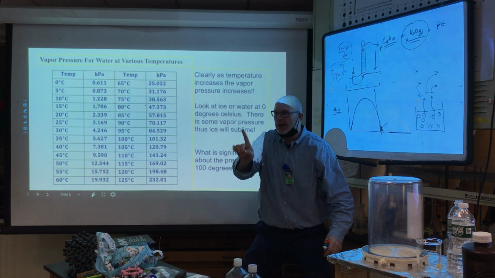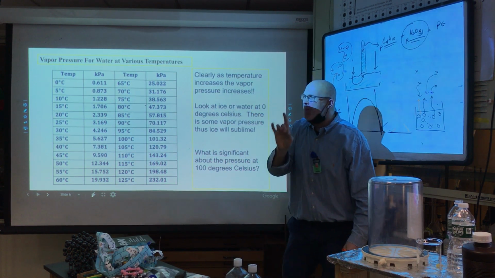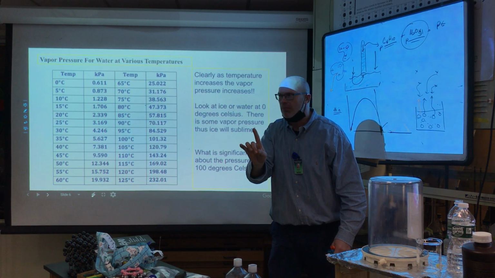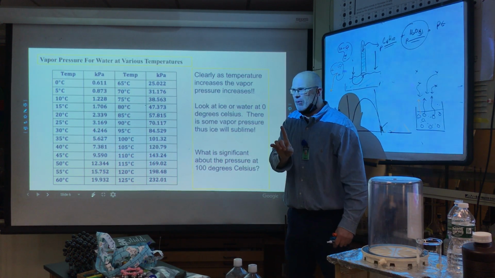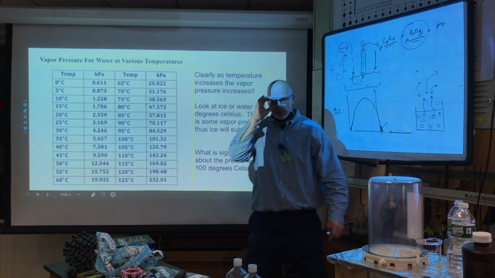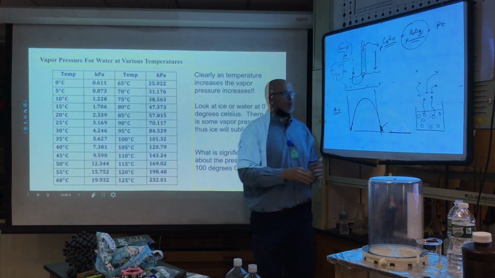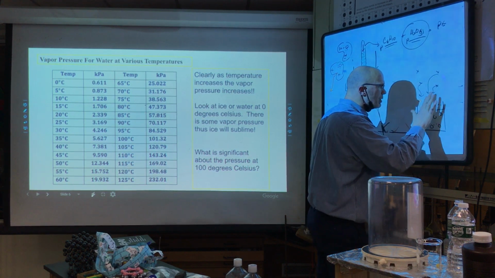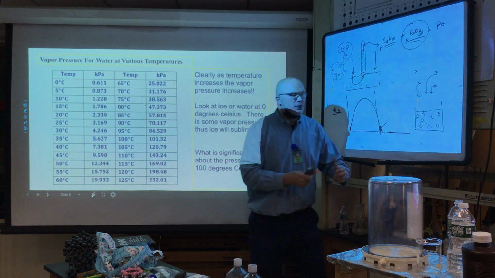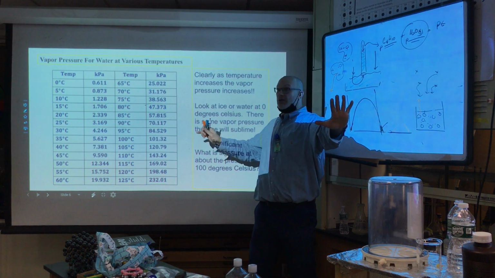But boiling, and I love to think about boiling, is maximum evaporation. That's a place where you get the highest rate of evaporation. Why does that work? Because as we heat a liquid, its vapor pressure increases. Nothing affects vapor pressure except temperature.